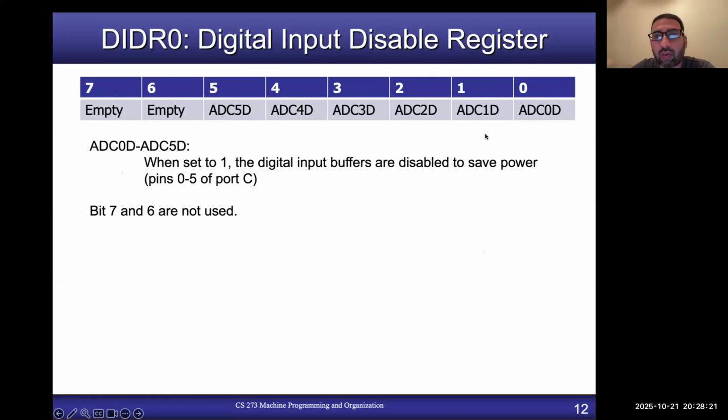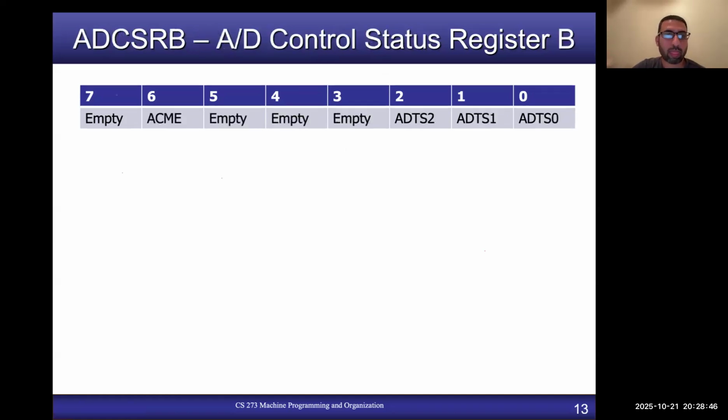That's why when you write 1, the input buffers for the pins PC0, PC1, PC2 up to PC5 will all be disabled, and you will have some power saving. Bits 7 and 6 are not used, in the sense that our ADC is already a 6 channel ADC.